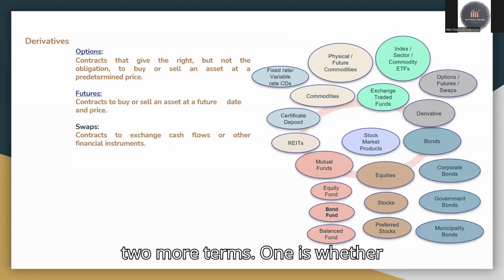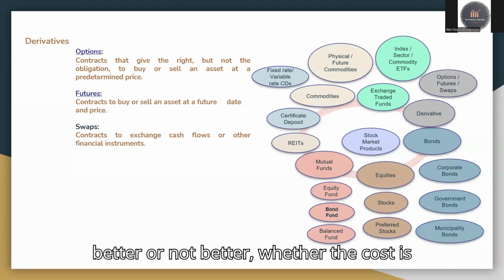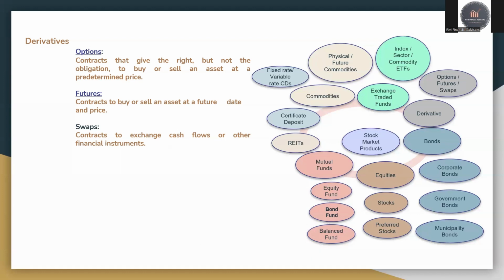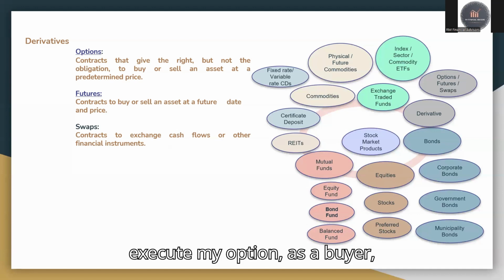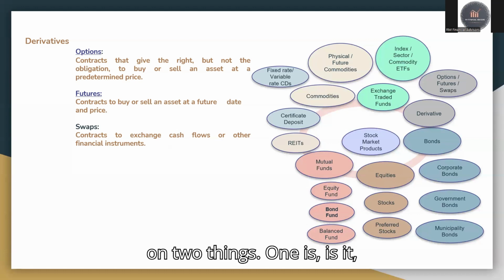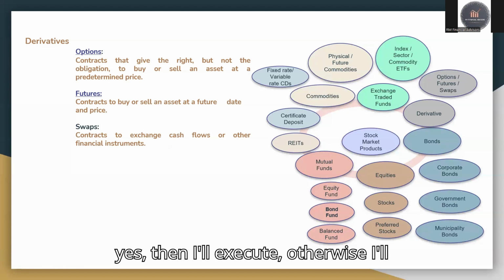One is whether the cost of the pizza is better or not, whether the cost is less or not. So as a buyer, whenever I execute my option, I focus on two things. One is, is it cheaper than the market? If yes, then I'll execute.